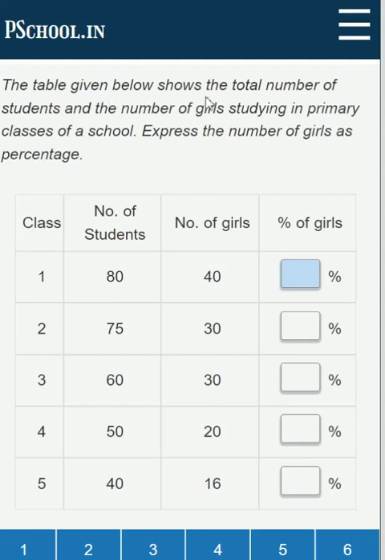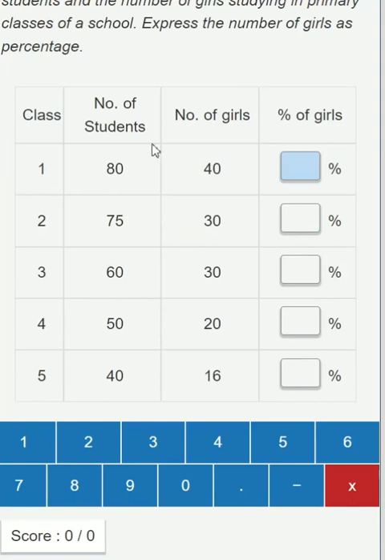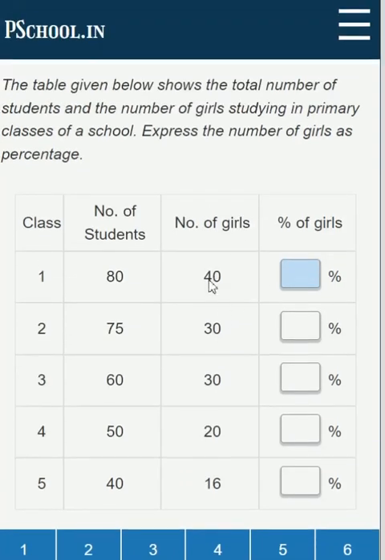The table given below shows the total number of students and the number of girls studying in primary classes of a school. Express the number of girls as percentage. So total number of students 80, number of girls is 40. So the fraction is 40 by 80, which is nothing but 50%.